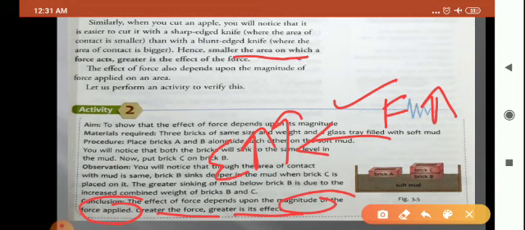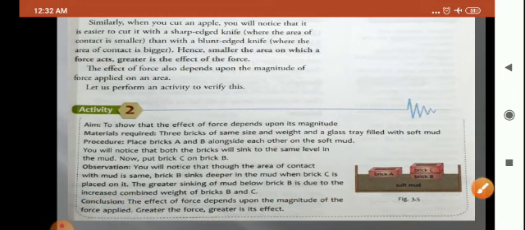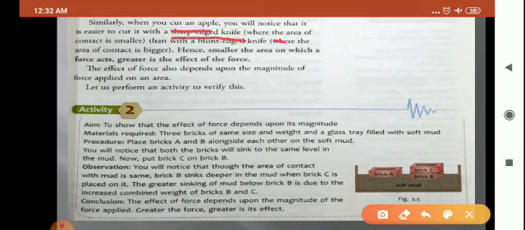Smaller the area on which the force acts, greater is the effect of the force. जितनी कम एरिया होगी, एरिया जितनी कम होगी over which the force acts, greater will be the effect of the force. That is the reason, children, that when you cut an apple, you will notice that it is easier to cut with the sharp edge knife, where the area of contact is smaller, than with the blunt edge knife.